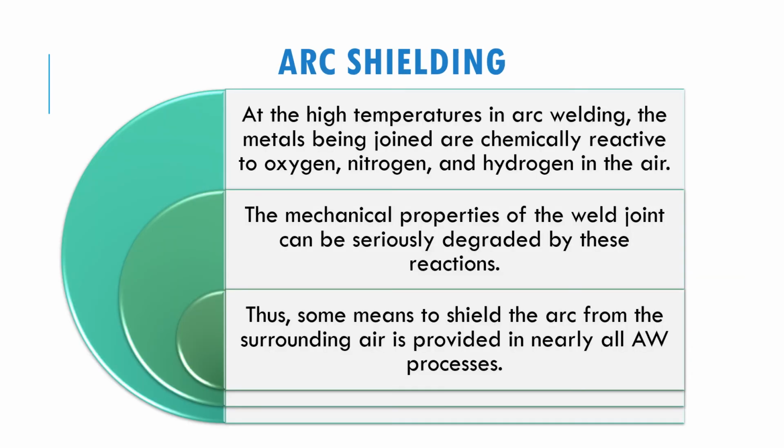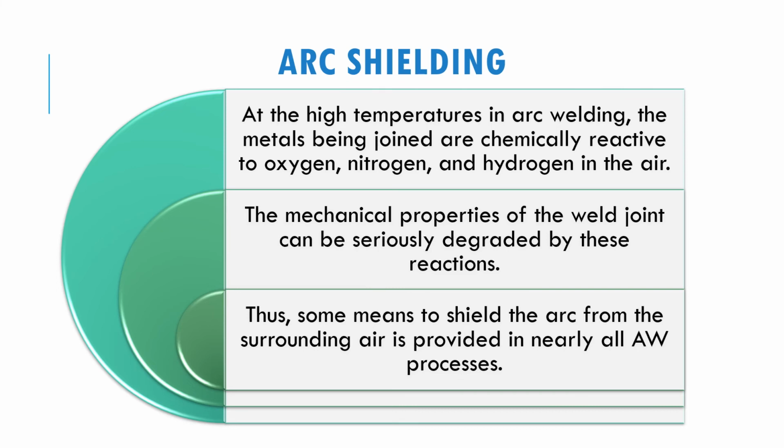When it is arc welding operation, it is subject to high temperature, right? So the metal being joined usually will be chemically reactive to the oxygen, nitrogen, and hydrogen in the air. So the mechanical properties of the weld joint can be seriously degraded by this reaction.